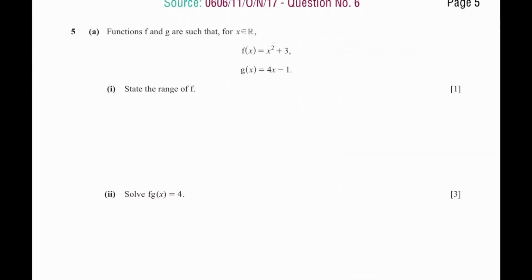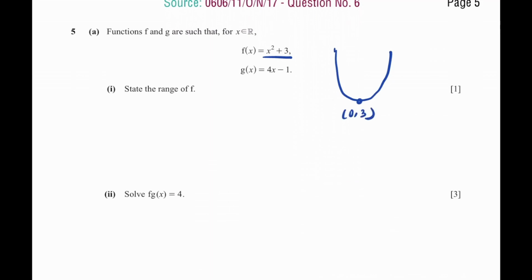This question type is asking for the range of function f. They give you two different functions, for x being any real number. State the range of f, given that f(x) is x squared plus 3. By all means you should know that this is a smiley face, and the minimum point should be (0, 3).